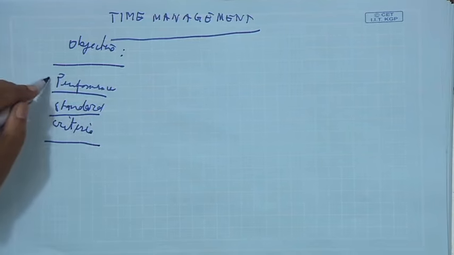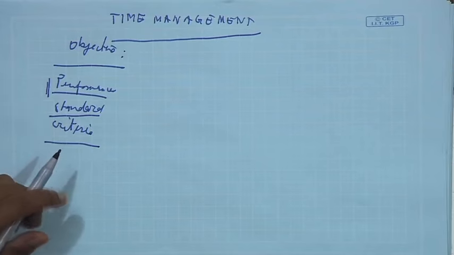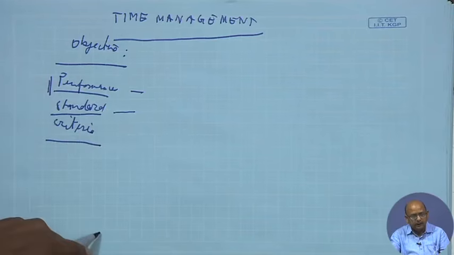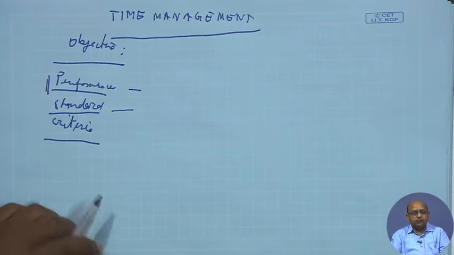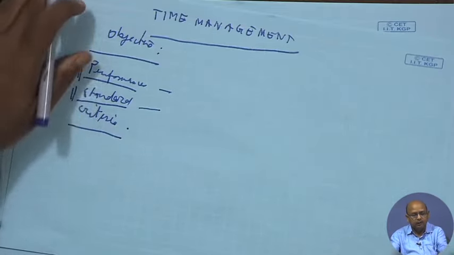So, performance is what you can expect after attending this kind of program. Then you also decide the performance criteria, the standard against which you will be evaluated, and that is what you call the criteria.